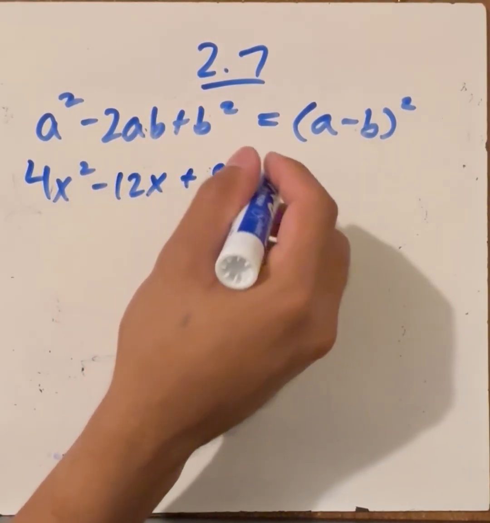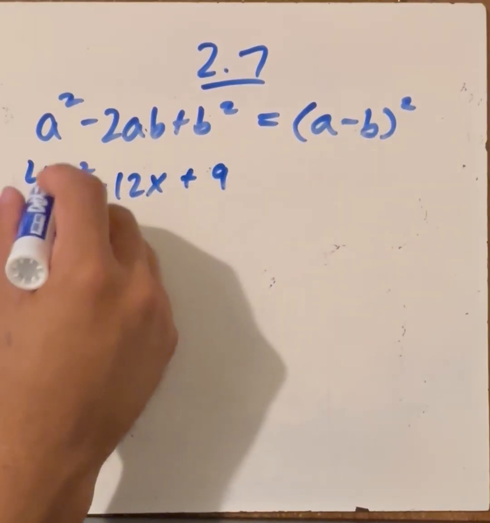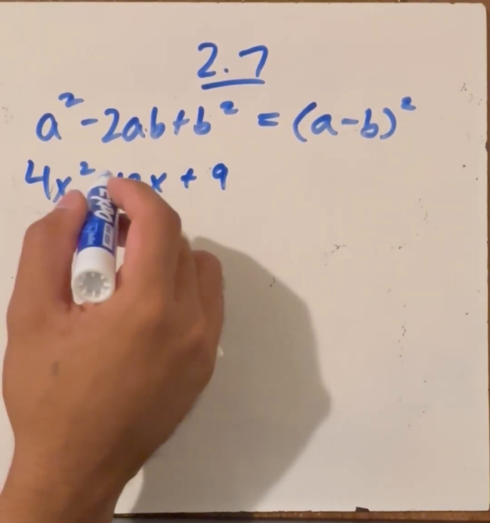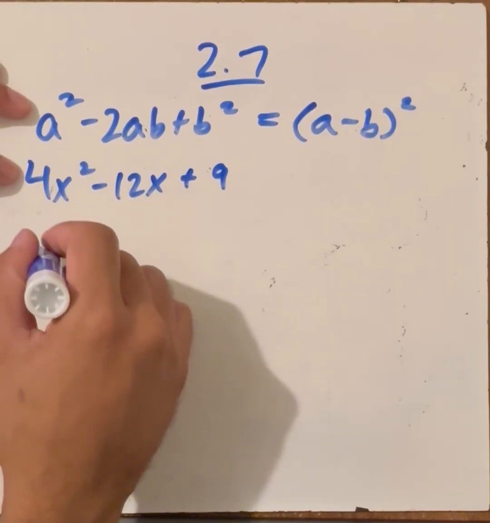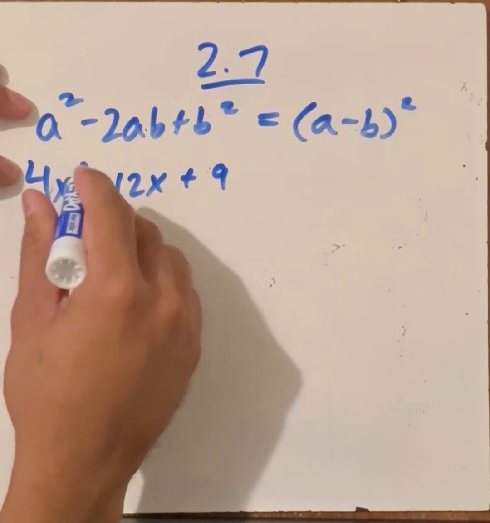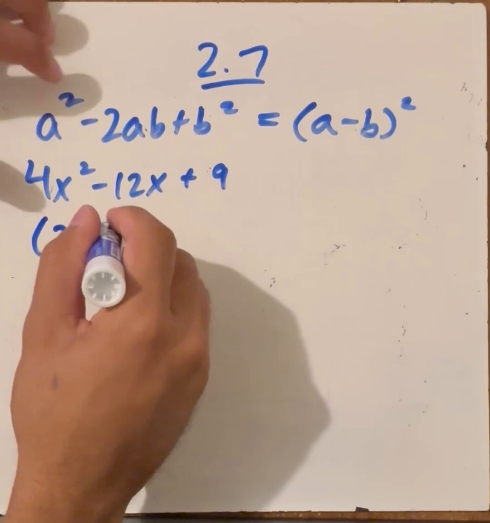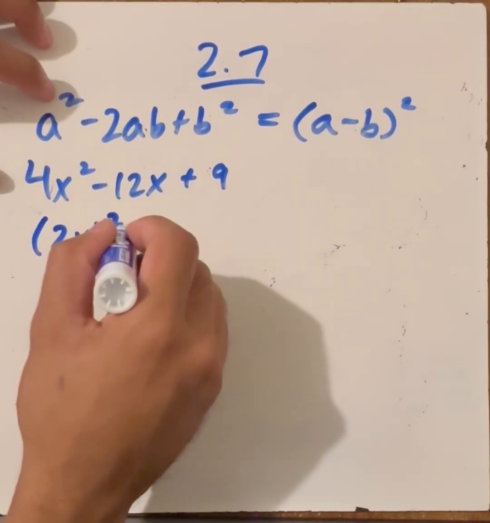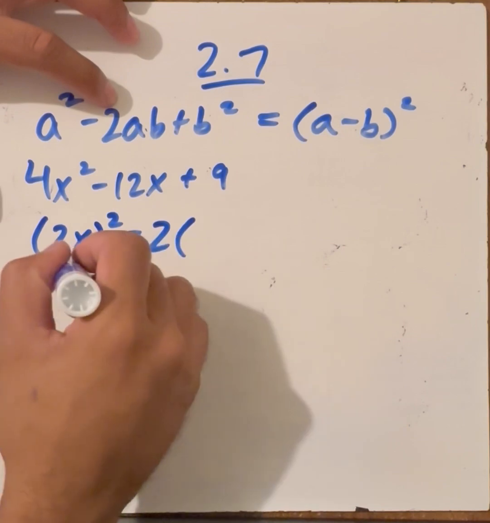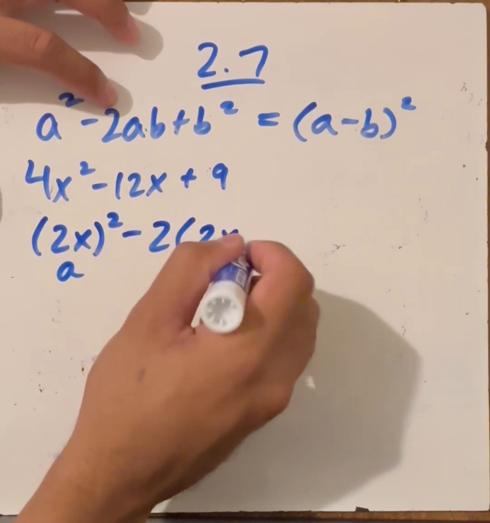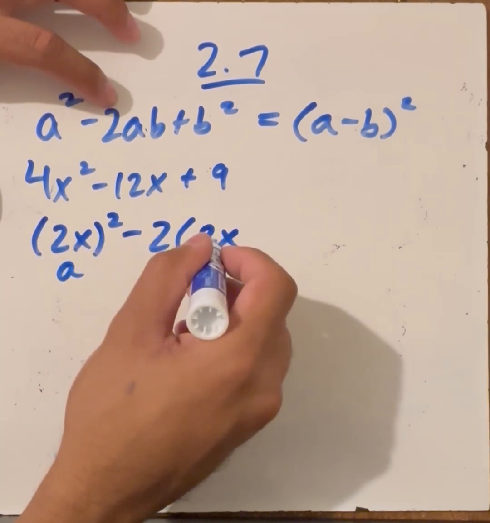So if we wanted to make this into this form, let's see what that would be. So 4x squared. The square root of 4 is 2. The square root of x squared is x. So then we put the square sign outside. Minus 2 times a is 2x, which is what we saw from here. So a is 2x. 2 times 2 is 4.